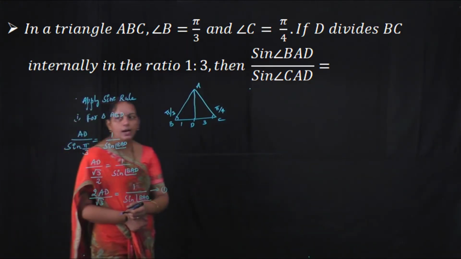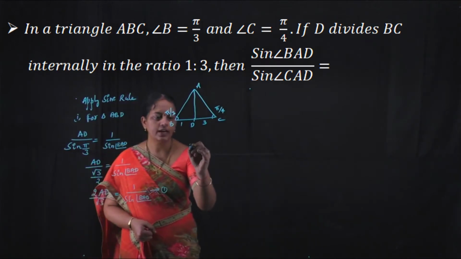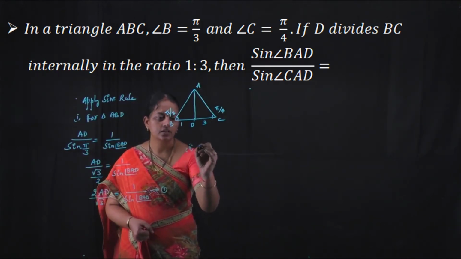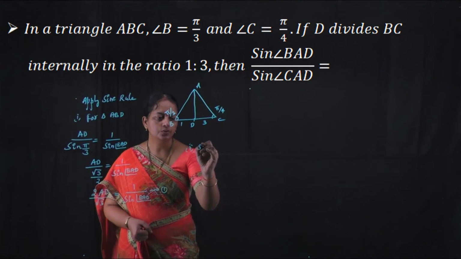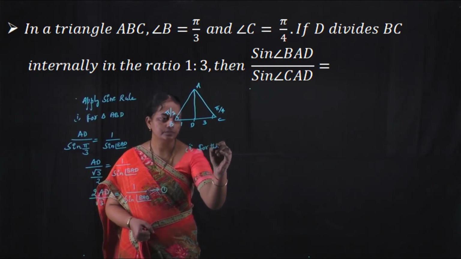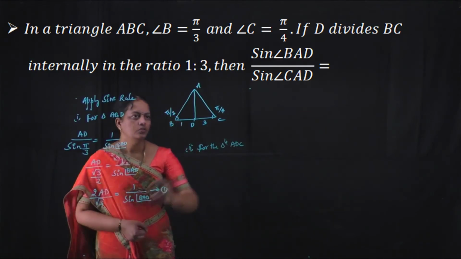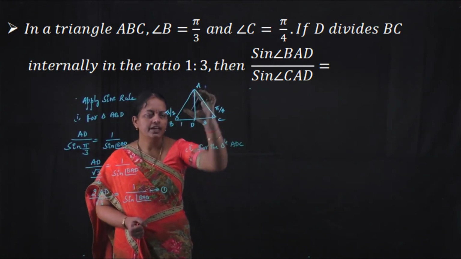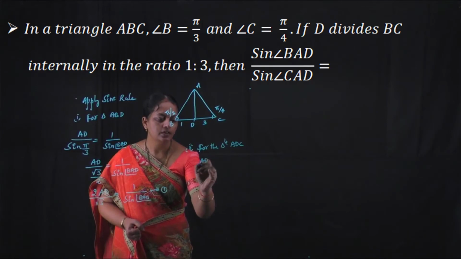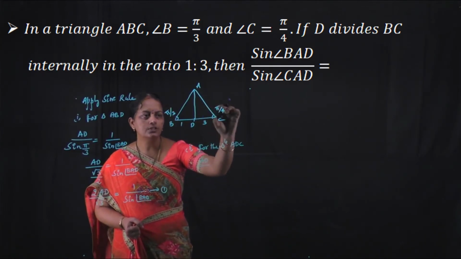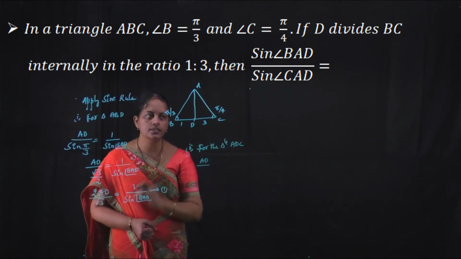Then apply the sine rule for triangle ADC. Here I take the side AD by the sine of the angle opposite to AD, which is C, that is pi by 4.